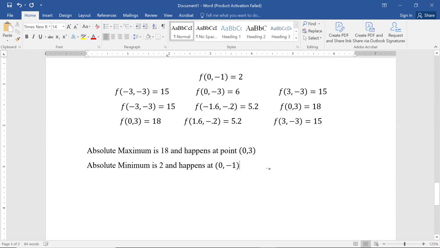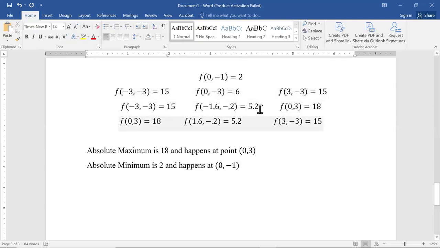So that's what's going on. That's how we find the absolute maximum and absolute minimum of a surface over a certain region. We check the boundaries of those regions. Again, in this case, each boundary gave me 3 points to check.